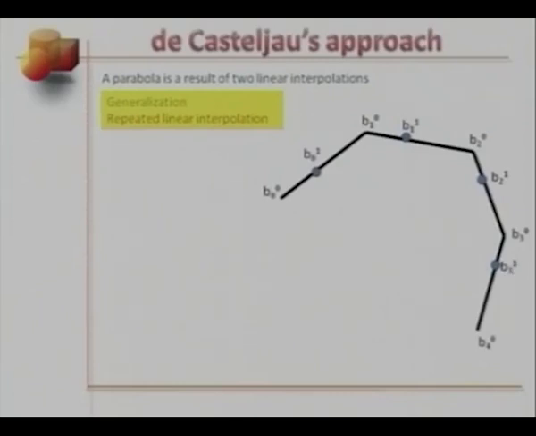I join these points to these line segments, and I do not stop. I keep performing linear interpolation. This point here on this line segment represents the first point of stage 2 linear interpolation.